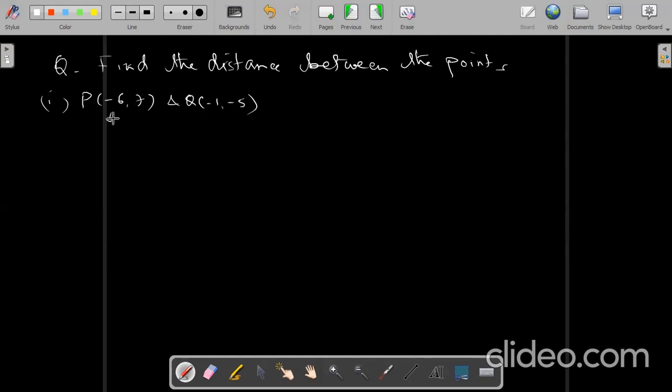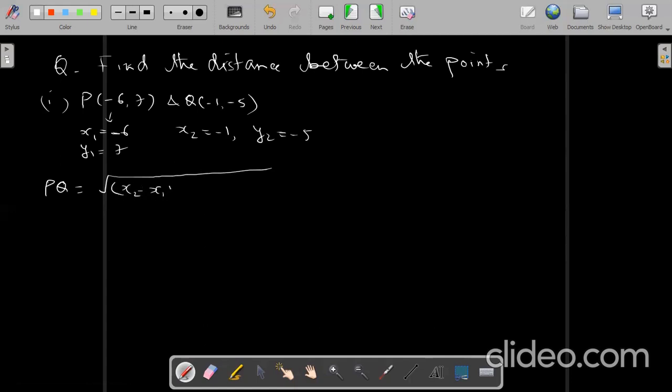So here you can write the starting, it is easy for you. X1 is equal to minus 6, Y1 is equal to 7. Here X2 is equal to minus 1 and Y2 is equal to minus 5. The formula for distance PQ is the root of x2 minus x1 the whole square plus y2 minus y1 whole square.